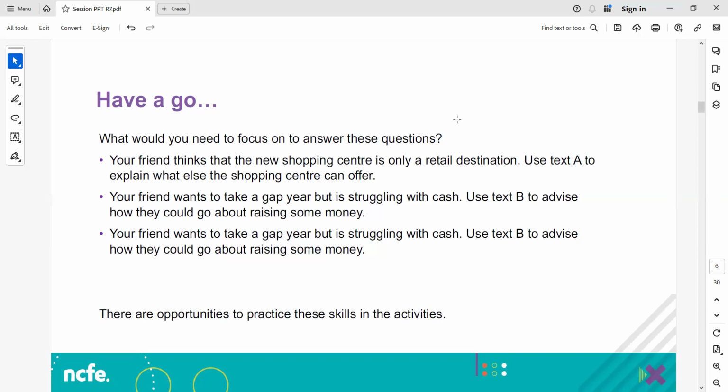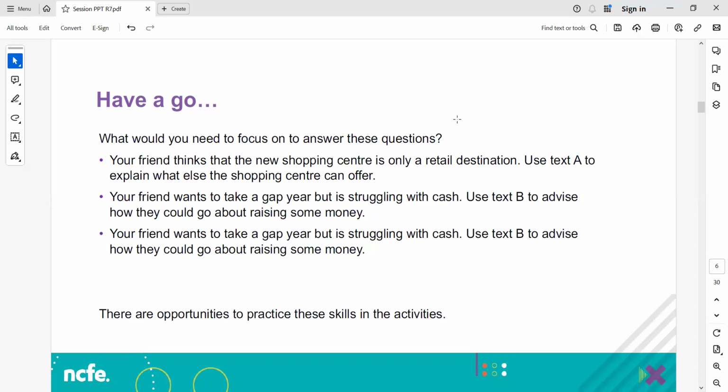Possibly it might have hairdresser or a barber, or beauty services, a spa. Is there a gallery? So any kind of cultural activities. Are there food outlets? So you could go there to eat. So that's what you'd be looking for in text A.